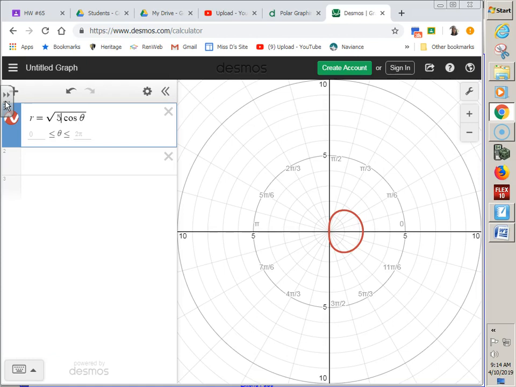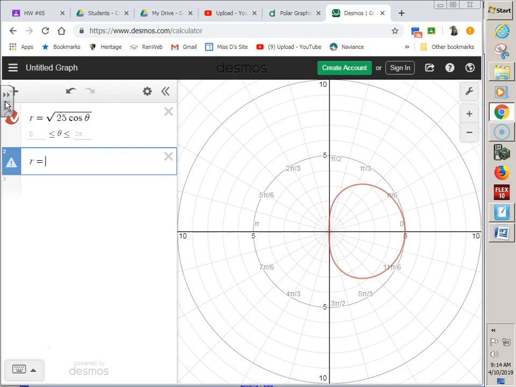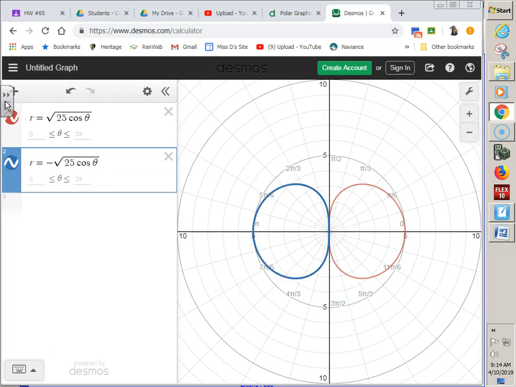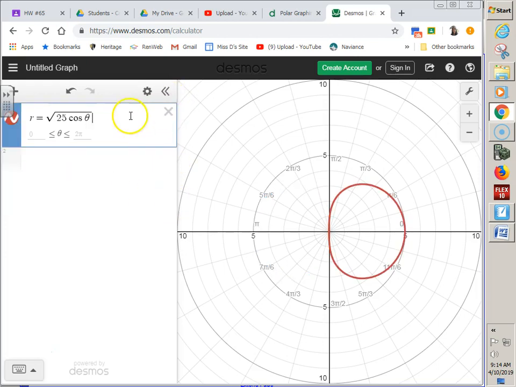Oh, no. That would need to be 25. And then r equals the negative square root of 25 cosine. Yeah. No, it's all weird. Anyway.